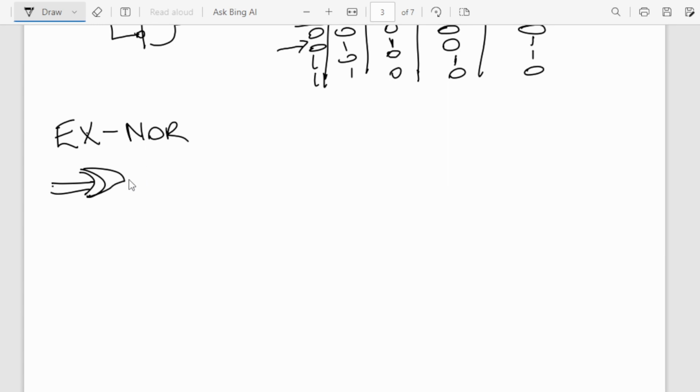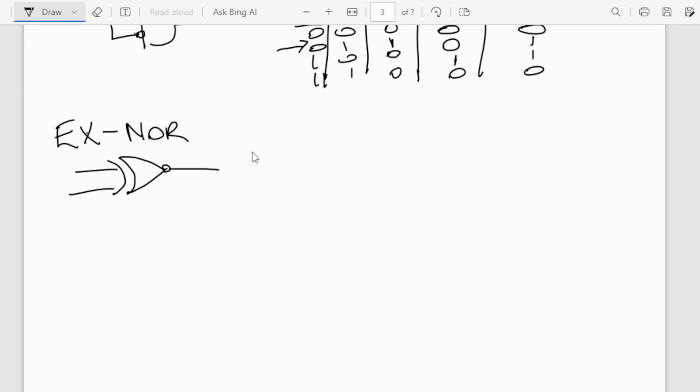Okay, let me erase that. So the exclusive NOR is the same thing as the OR, but just with an inverter.